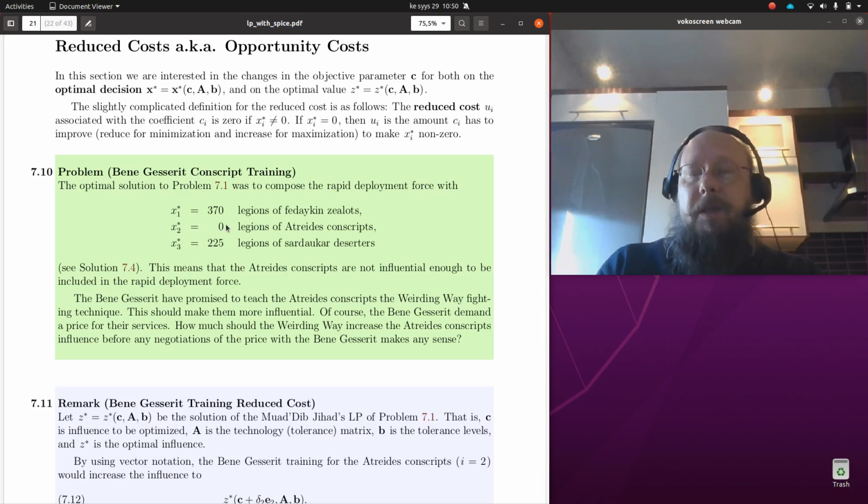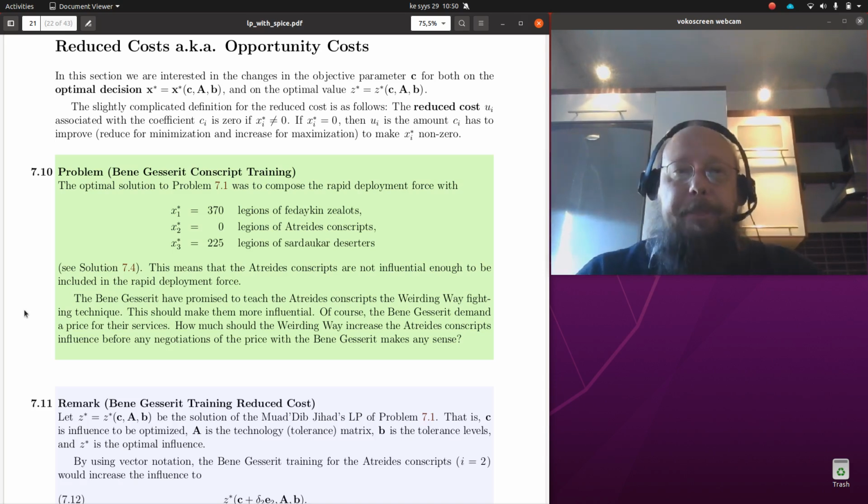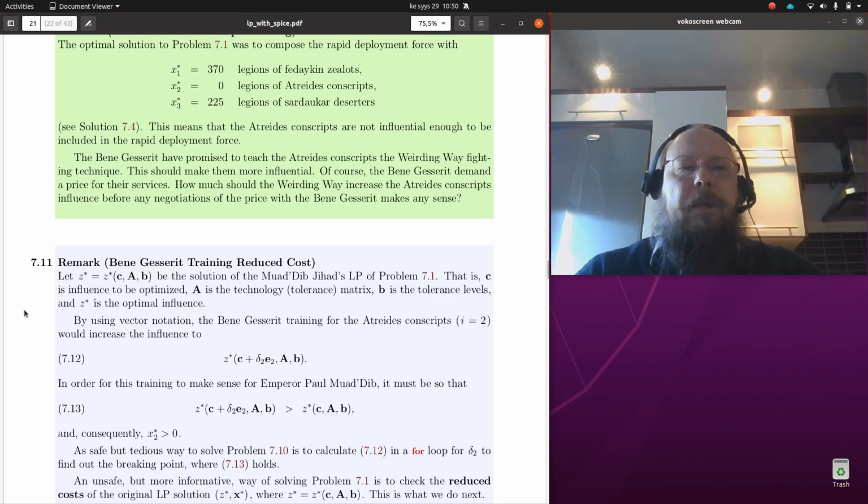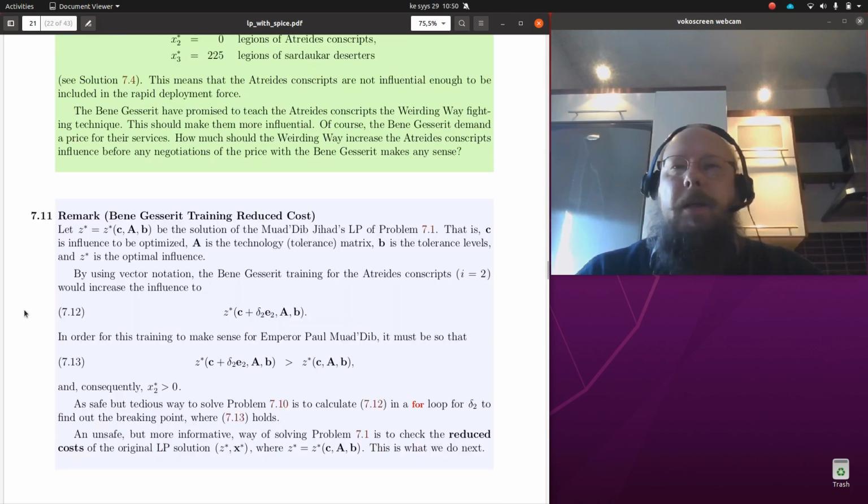So this is the question. And yes, this should be somehow related to the reduced cost. Before going to the reduced cost as such, let us look, can we somehow calculate or understand this without the reduced cost concept? And well, yes, of course.